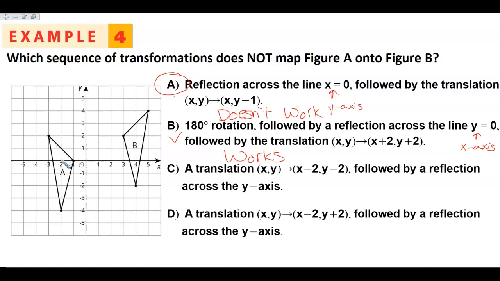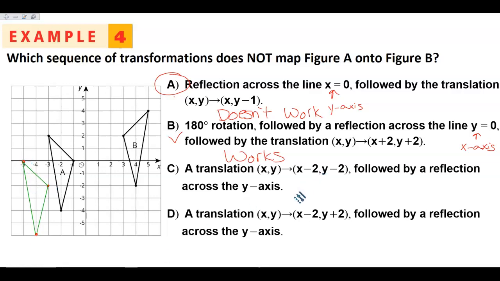Okay, we're going to start by translating it -2, -2. So the whole thing is going to go back 2, down 2. Back 2, down 2. Back 2, down 2. All right, so then my first stop is here.